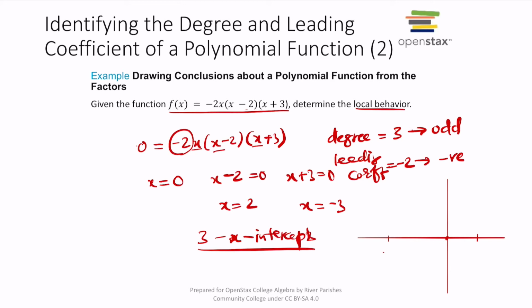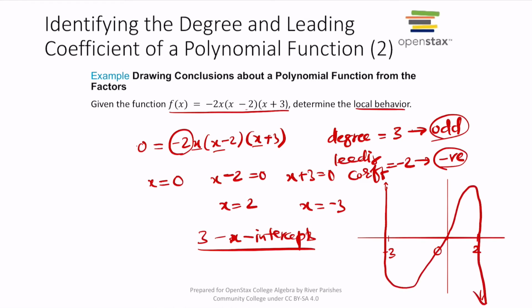From the 3 values, and we know that the leading coefficient is negative and it's an odd function, on the left side it's upward and the right side it is downward. So from this we can say that the graph goes somewhat like this. This is a rough sketch of the graph of the function. So this is how we can determine the local behavior of the function.